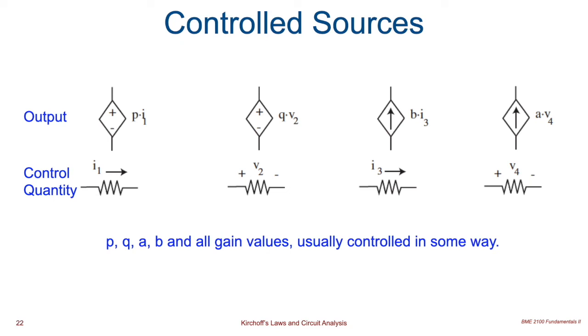If you look carefully at the symbols, you'll see that the plus minus says it's a voltage source, and then the P or Q times some other number tells you what's controlling things. So when you see P times I controlling the output voltage of that leftmost source, that says it's a current-controlled voltage source. We won't use all of these, but it turns out a couple of them are really important for some of the problems we're going to solve.